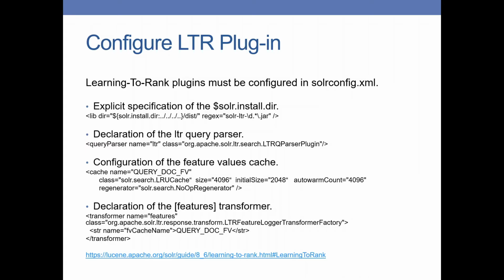By default, LTR is disabled in SOLR. To enable LTR, first you have to update these configurations in the solrconfig.xml file. You have to add configuration related to the LTR directory, then declare the LTR query parser. Next, configuration related to the feature value cache, and finally the declaration of the feature transformer.